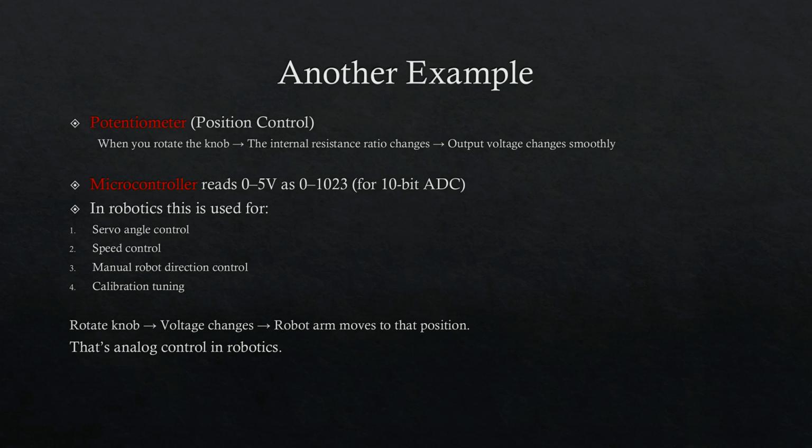In robotics, this configuration is used for servo angle control, speed control, manual robot direction control, and calibration tuning. As we rotate the knob, the voltage changes and the robotic arm moves according to that change. That's analog control in robotics.